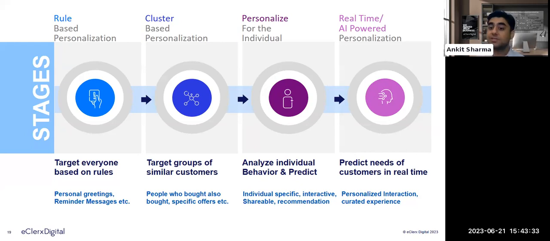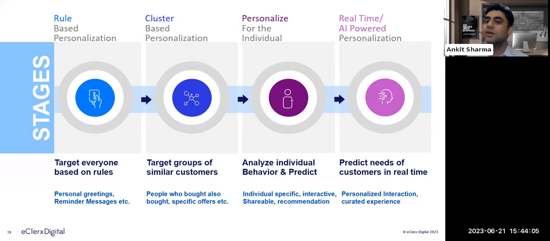And then we're personalizing for the individual by analyzing a specific person's behavior, search pattern, browsing pattern, etc., and then predicting recommendations or behaviors specific to them, and communicating that message in an individual manner. All of that comes together if you utilize the technology in the best possible manner and create a real-time curated experience for the customers. So I've just tried to summarize that.